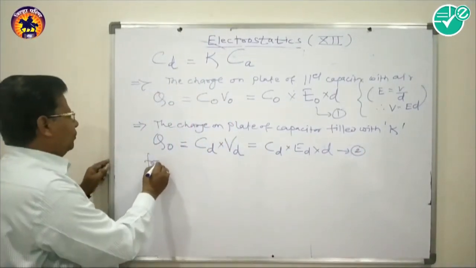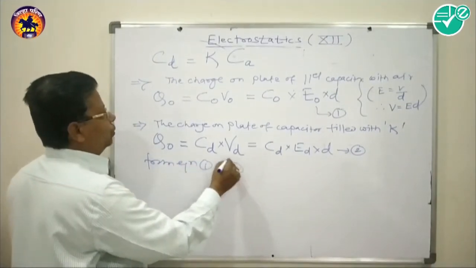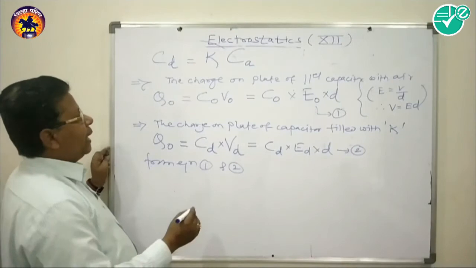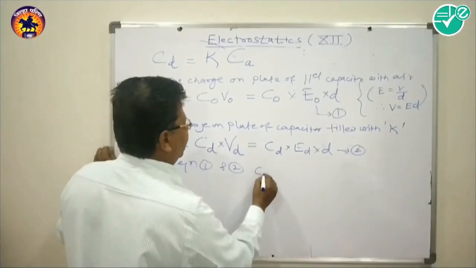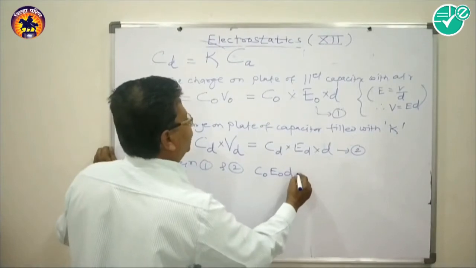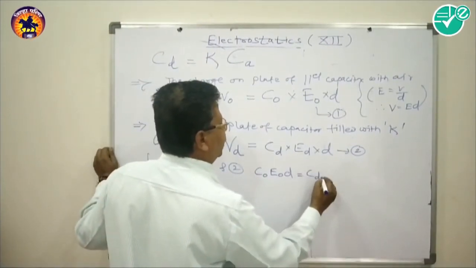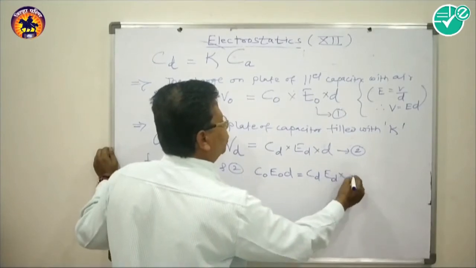And from equations 1 and 2, we write C0 into E0 into d is equal to CD into ED into d.